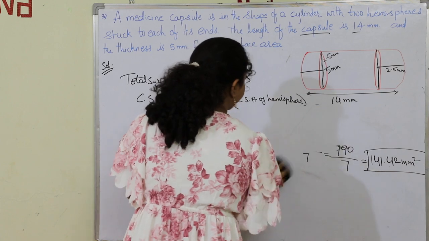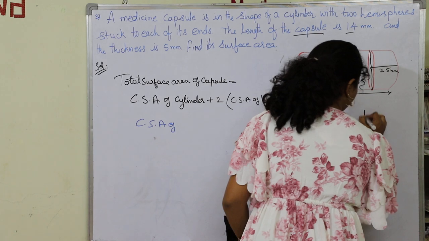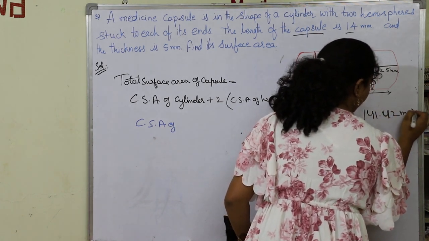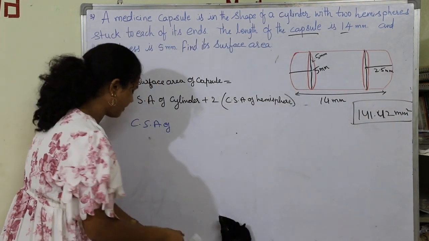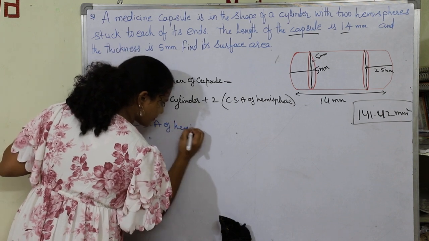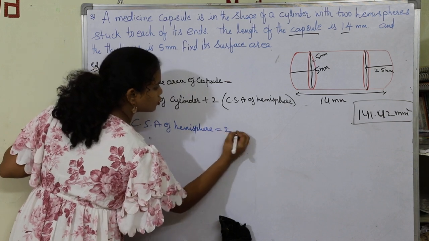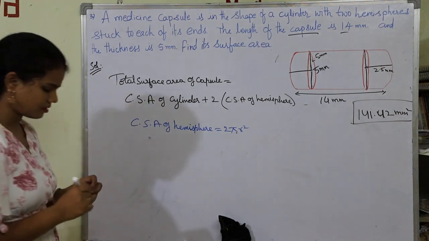Firstly, this value is 141.42 millimeters square, right? So let this be aside. Now the curved surface area of a hemisphere formula is 2 pi r square, right?